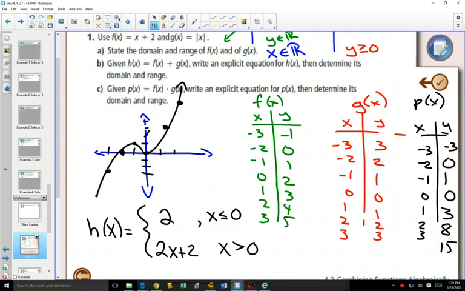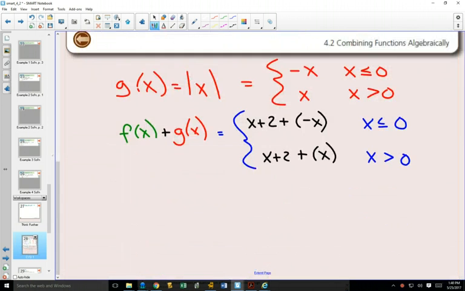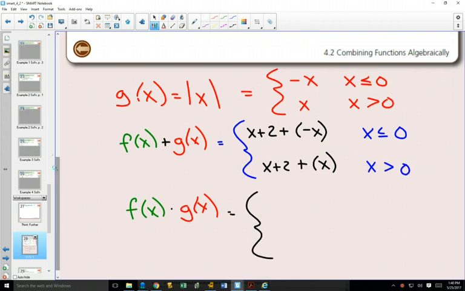So what's happening with P of x? Again, if we use our equations here and we take f of x and multiply that by g of x, we have to look at those two pieces. When x is less than or equal to 0, f of x is x plus 2, and g of x is a negative x.